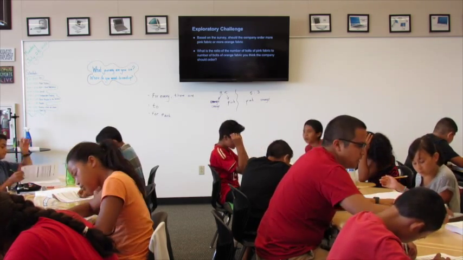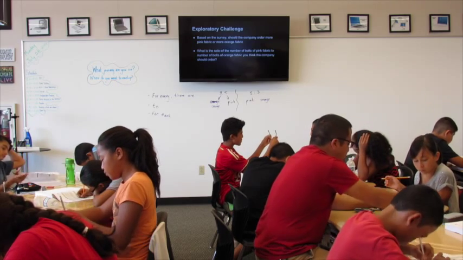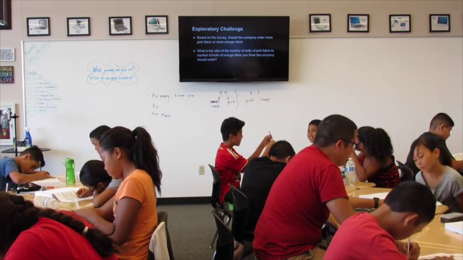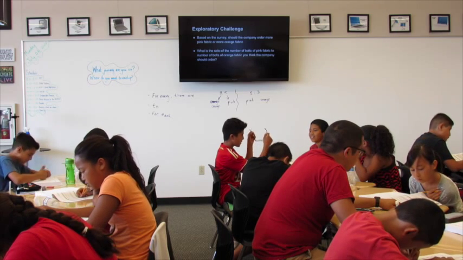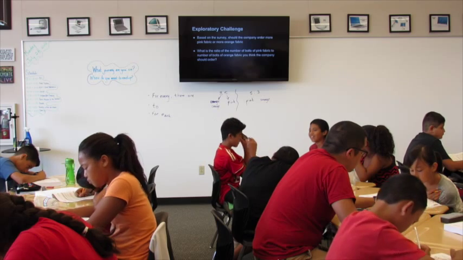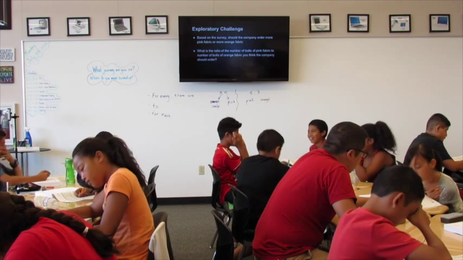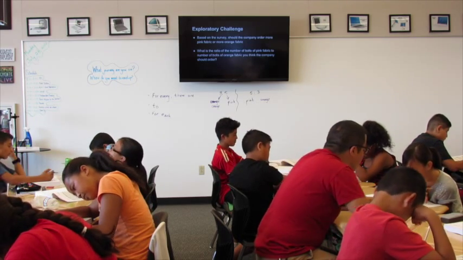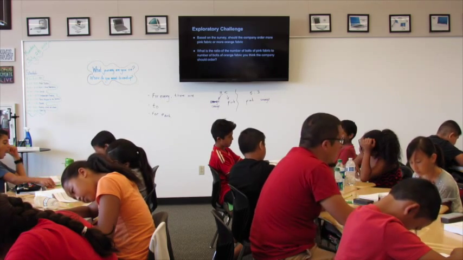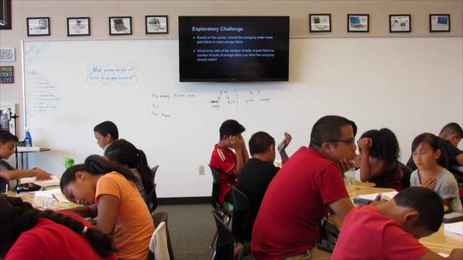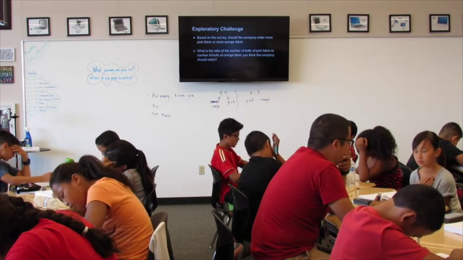So for this part, I want you guys to work on this part together. So what would the ratio be? For every 7 white t-shirts manufactured, they should manufacture 4 yellow t-shirts. What would the ratio be? 7 to 5.